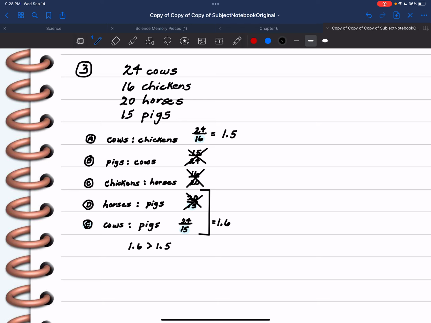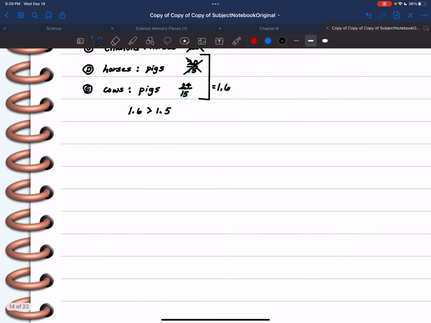So I want to see the decimal to compare. Okay, number 4. One car travels 240 miles in 4 hours. So the ratio is a common one of miles per hour. While another car travels 275 miles in 5 hours. What is the difference in the rates of speed in miles per hour?